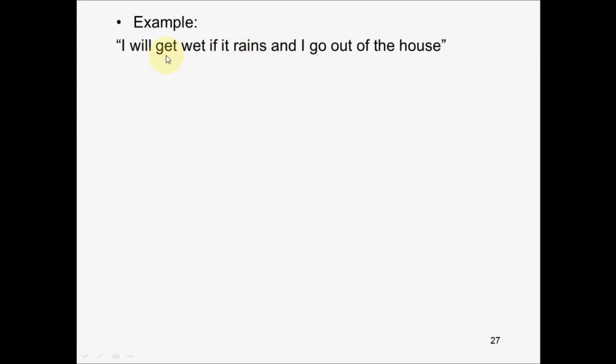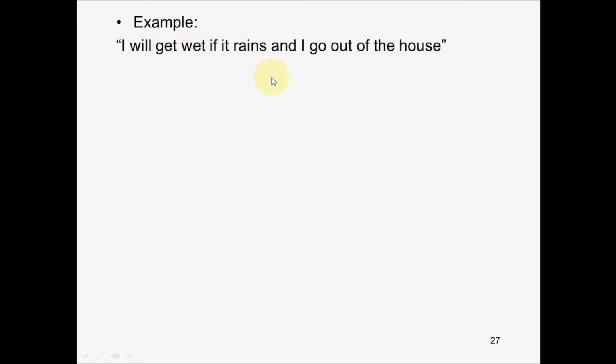And the third sub sentence present in this particular sentence is I go out of the house. And all these three sub sentences are connected with certain connectives. For example, here "and" connects it rains and I go out of the house, and also the connective "if" connects I will get wet and it rains.